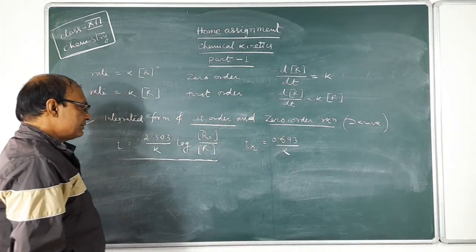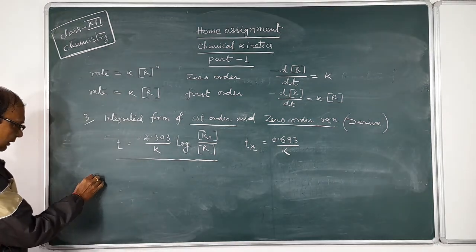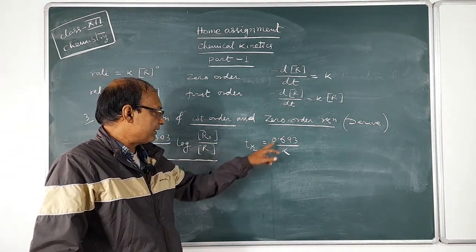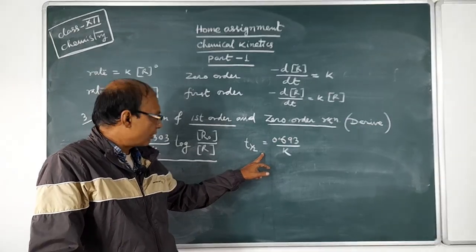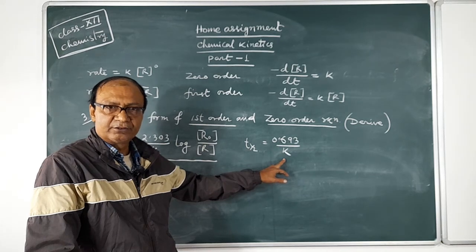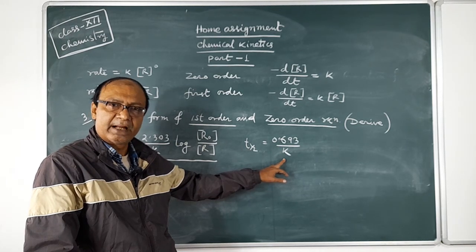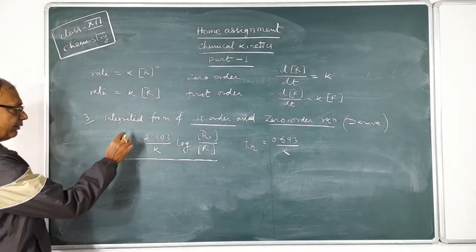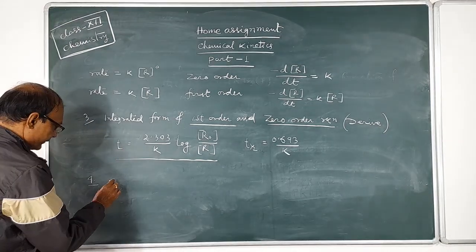So, see boys, number 4. After deriving the T half for the first order equation, T half is independent of the initial concentration of the reactant. You will solve this question related to this equation.